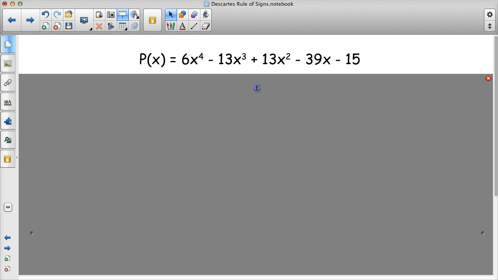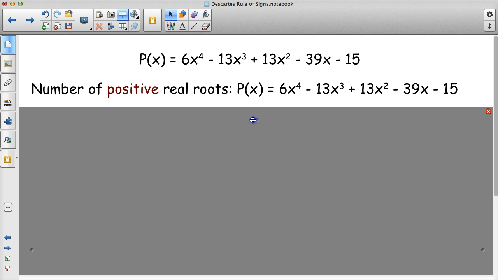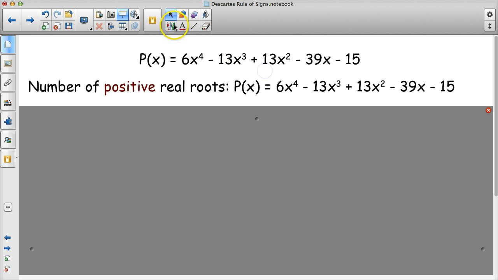Descartes' rule of signs said that we can find the number of positive real roots by counting the sign changes between consecutive terms. Well, what do we mean? If we're looking at the sign changes here, we know that this is positive 6x to the 4 minus 13x cubed. That's a sign change.